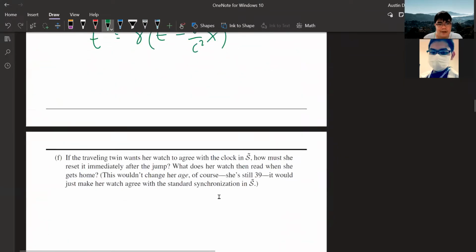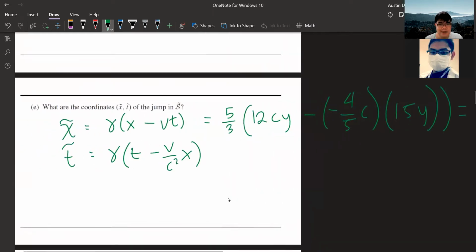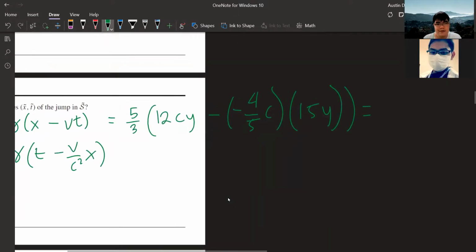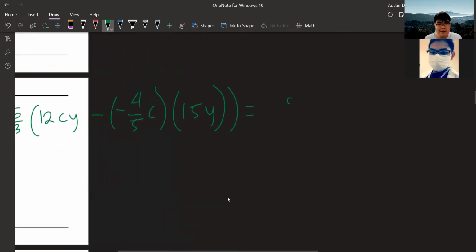Okay. Minus 4/5 speed of light times yung coordinate ng t nung jump would be 15. Okay. So this is actually 15 divided by 5, 3, 24. So 5 over 3 times 24.